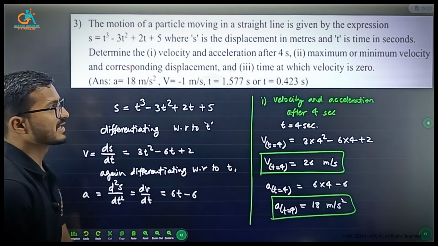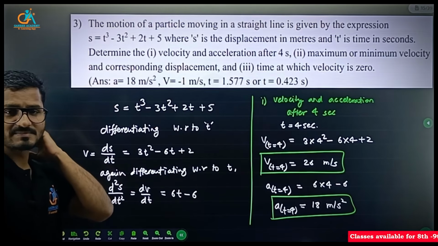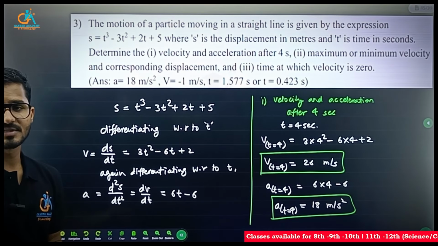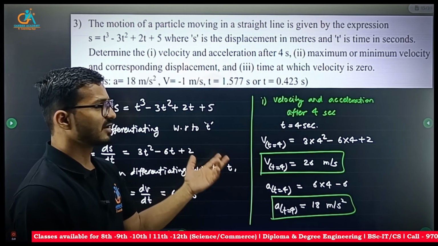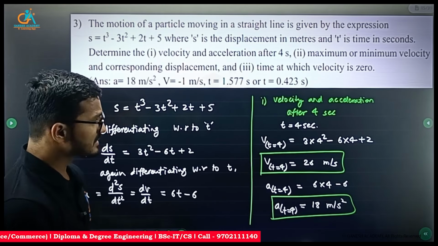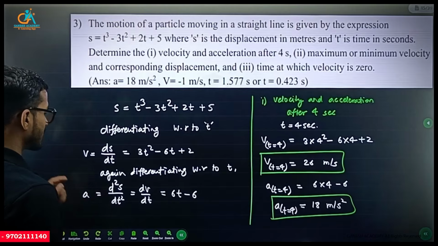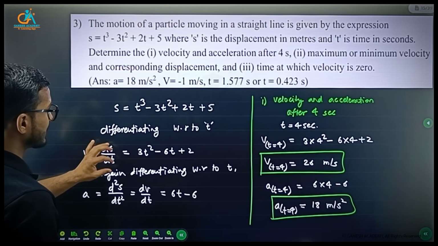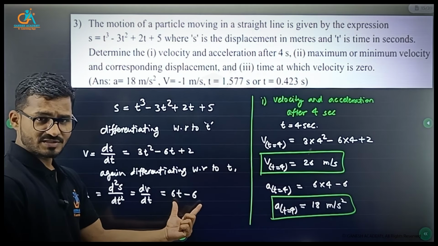Okay, next we have to find the maximum and minimum velocity and the corresponding displacement. So what is maximum and minimum velocity? We know by the definition of derivative, application of derivative, a function is maximum or minimum where the derivative of that function is 0. So we have to compare the derivative equal to 0. The derivative of velocity is nothing but this acceleration function.